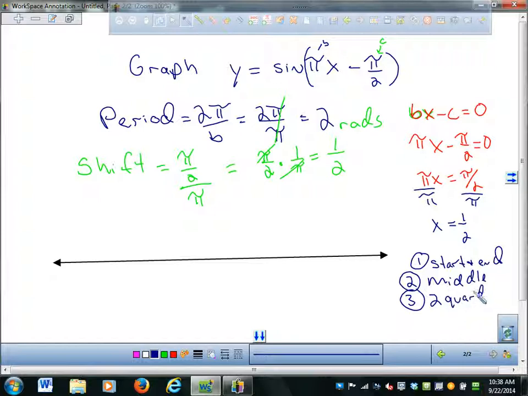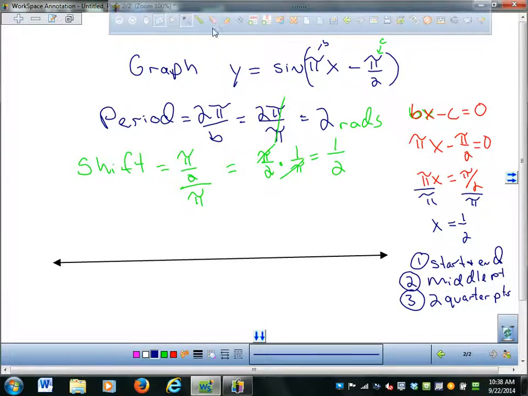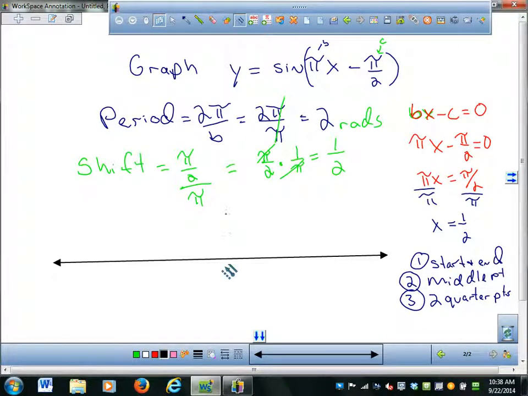Quarter points. And so the start point, let me first make a line like this.